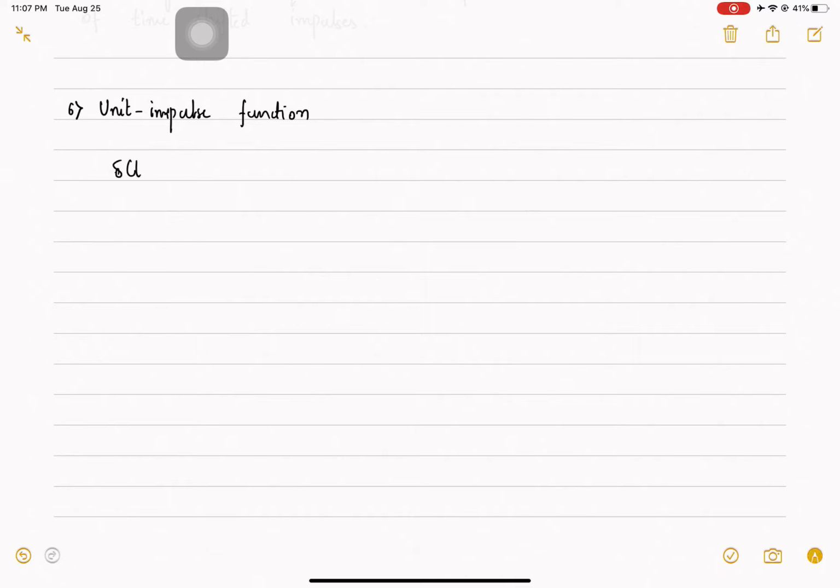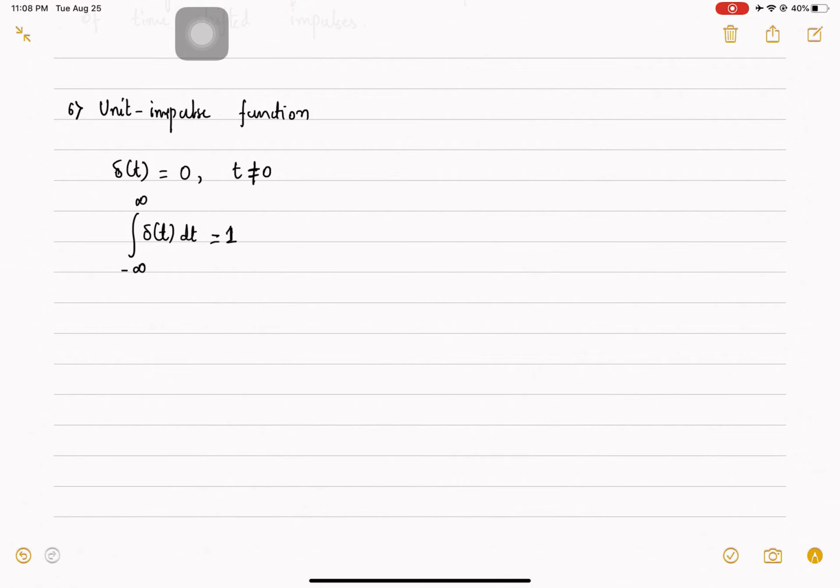It exists only at a point. So delta of t is equal to 0 for the argument not equal to 0. It exists only at t equal to 0, and it is such that the total area under the impulse is equal to 1.